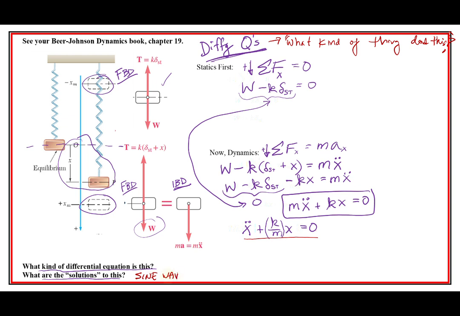Or a cosine wave. Or e to the i, let's call it t. So if you take the second derivative of e to the it, what you end up getting is a negative e to the it. So if you add that to the original, it cancels out.